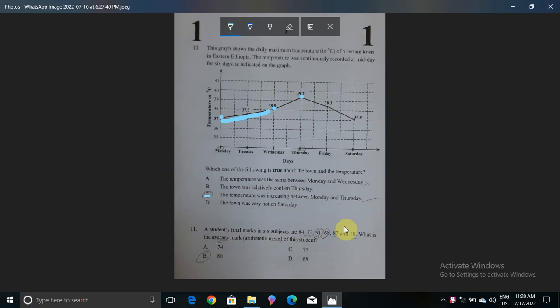So that means we add the numbers, then divide by the number of subjects. How many do we have here? 1, 2, 3, 4, 5, 6. So here it will be the sum of these numbers over 6, then you will get choice B, which is 80.